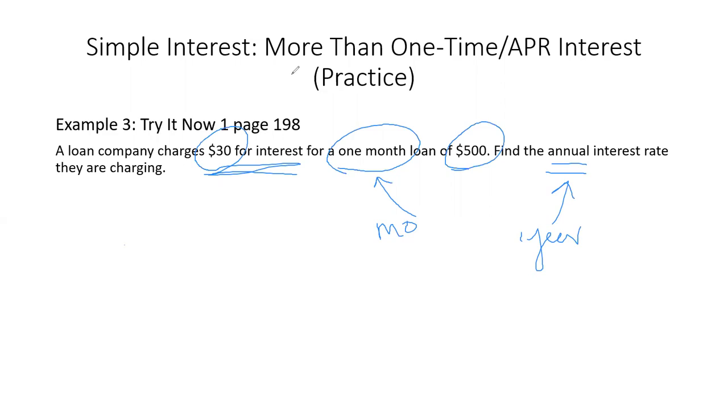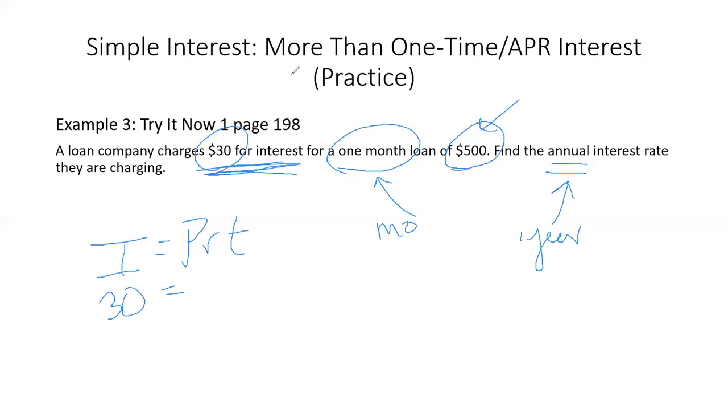Let's go ahead and set up our formula. So we have interest is principal times rate times time. Here, we're being told the amount of interest that they're charging. Before, we had to always find the amount of interest. This time, they're telling us that I is equal to 30.